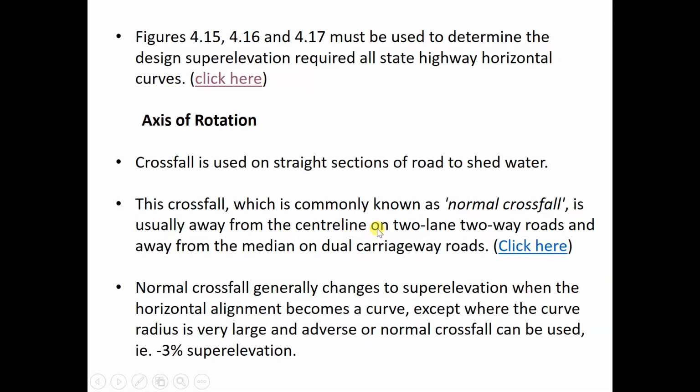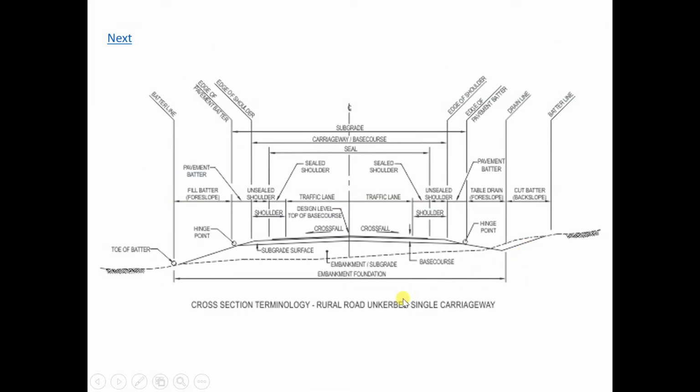This crossfall, which is commonly known as the normal crossfall, is usually away from the center line on two-lane two-way roads and away from the median on dual carriageway roads. So these are the crossfalls. This one is a rural road. It has a shoulder here.